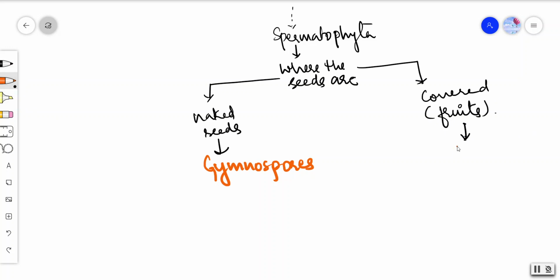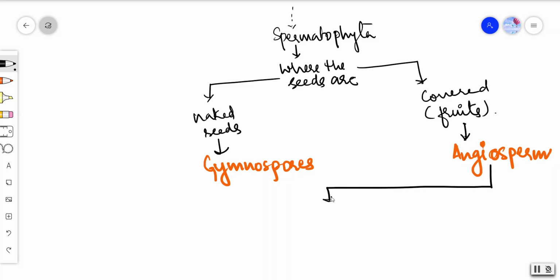And covered seeds can be first seen in angiosperm. And this angiosperm is further divided into two depending upon the cotyledons. That is monocotyledon, dicotyledon.